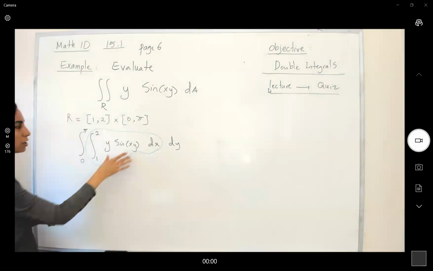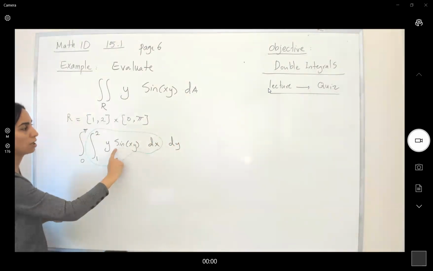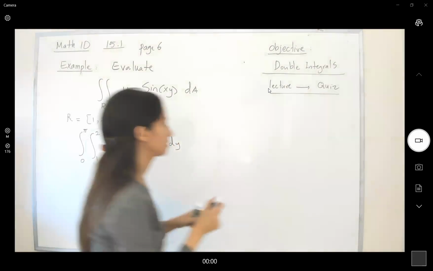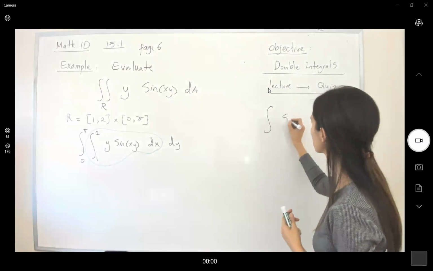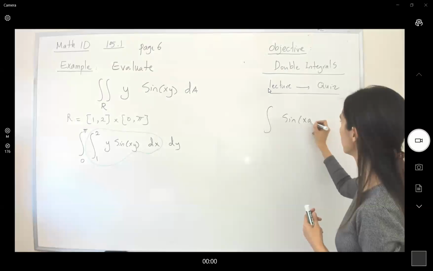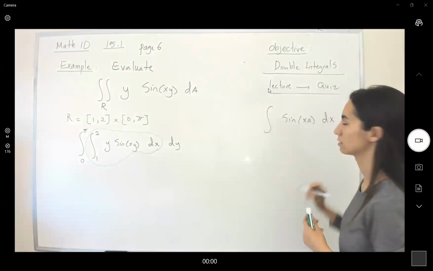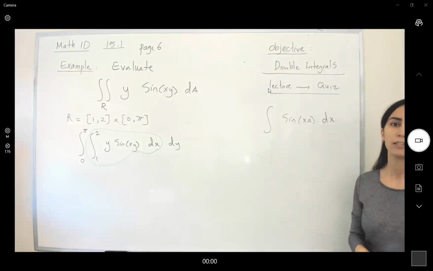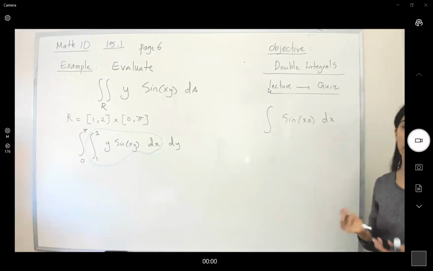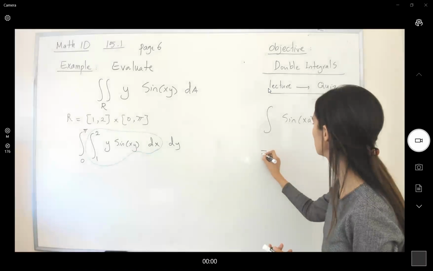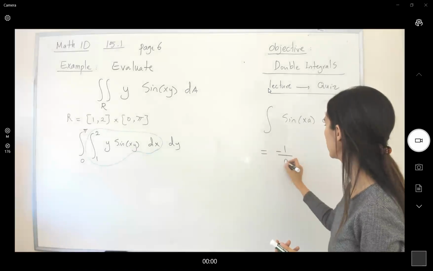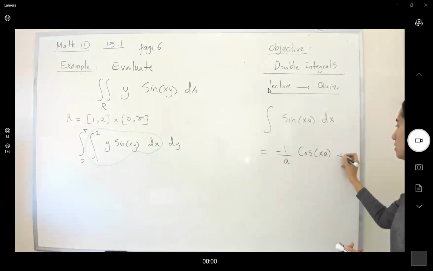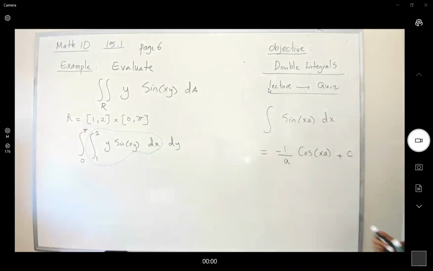Okay. Here you have the integral of sine xy. The integral of sine ax dx. Remember how you take the integral when you have a value multiplied by your variable x, this is equal to negative 1 over a cosine ax plus constant of integration.